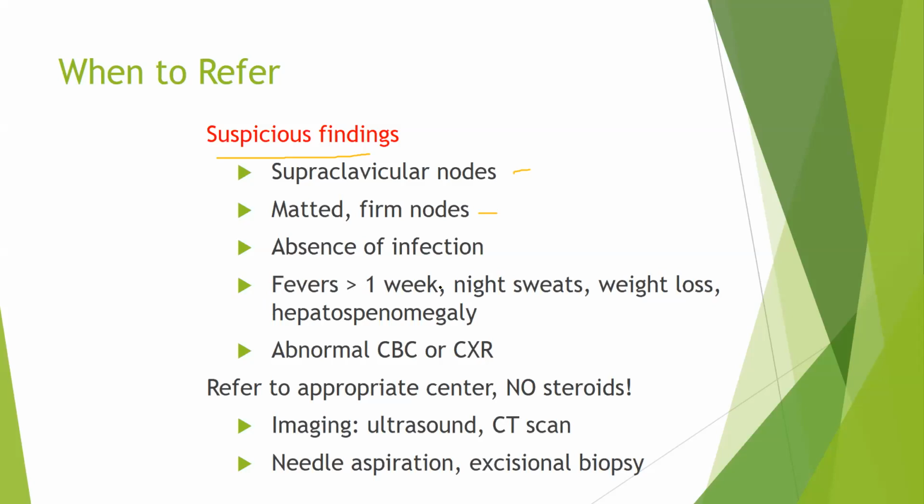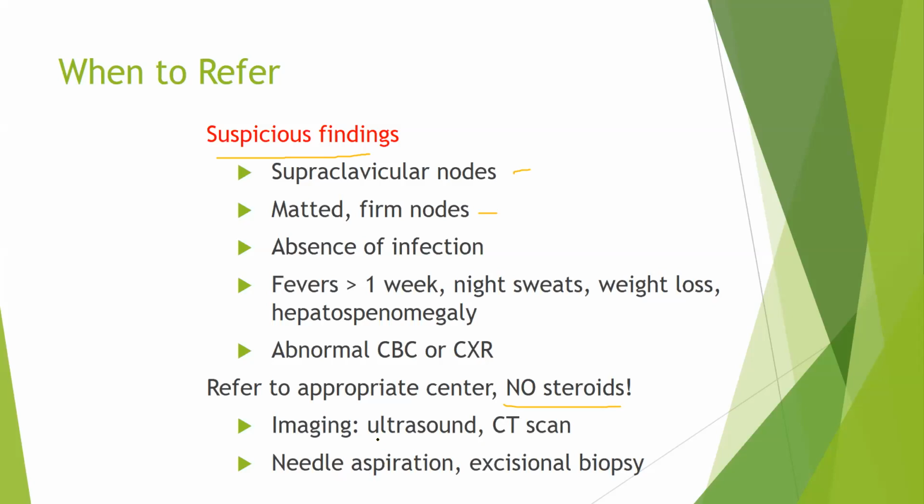If the child has fevers, night sweats, weight loss, or any systemic features such as these red flag symptoms, we need to refer. An abnormal CBC or chest x-ray, we want to refer to an appropriate center. We don't just want to treat these kids prophylactically with steroids to try to reverse the immune response. We want to find out why they are abnormally responding in the first place.